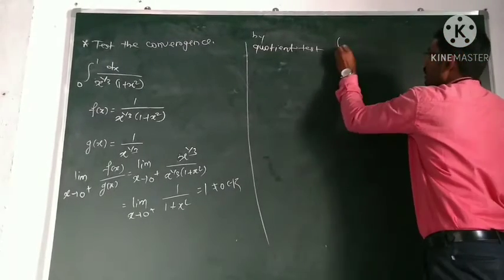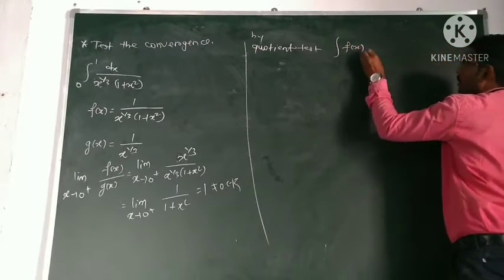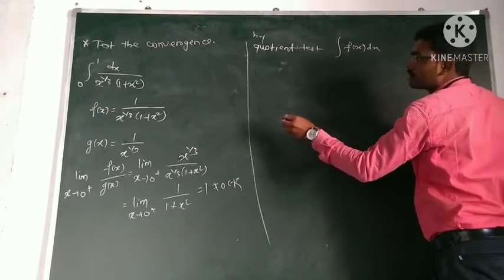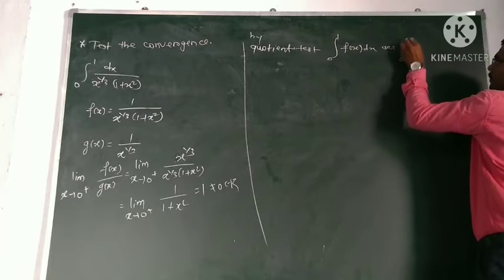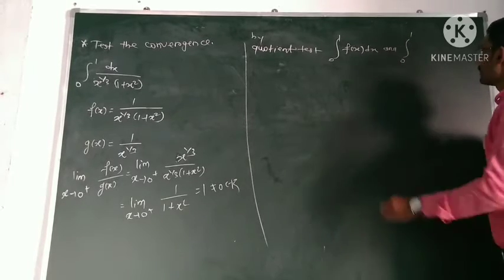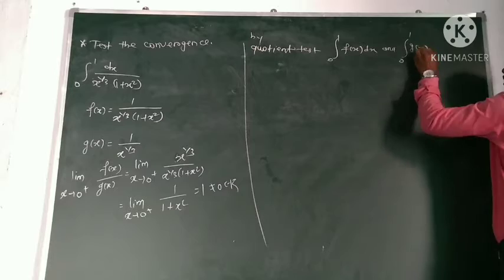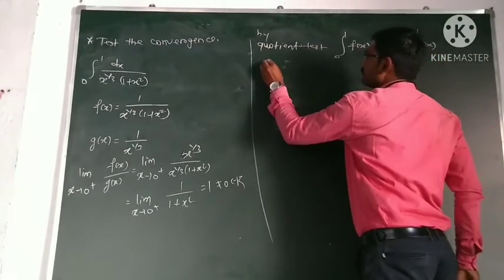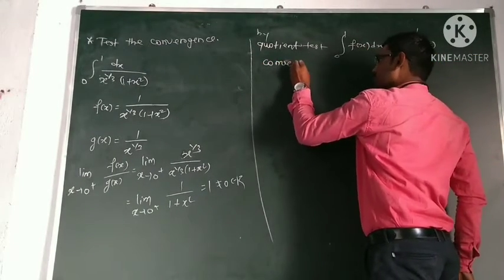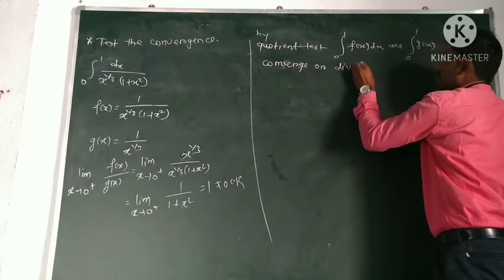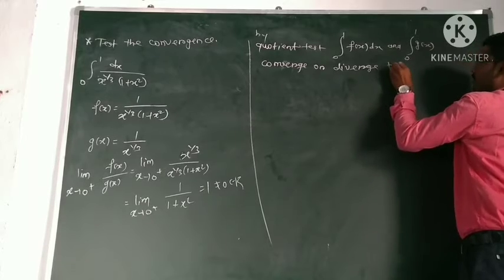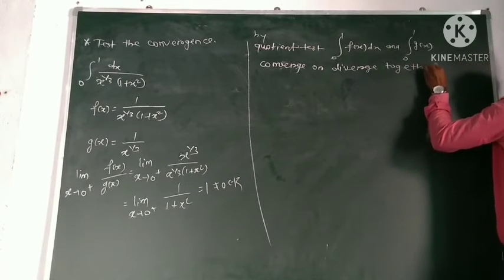By the quotient test, the integral of f from 0 to 1 and the integral of g from 0 to 1 converge or diverge together.